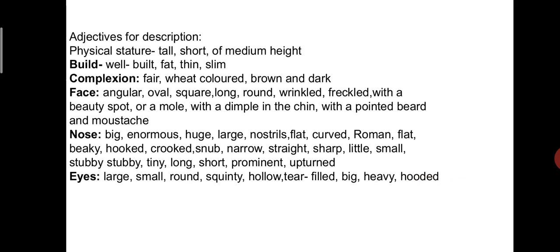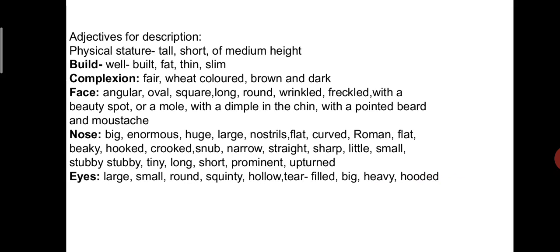See again the minute part of the personality, that is complexion: fair, wheat colored, brown and dark. Those are only examples for the description. You can use other words, other adjectives for the description.